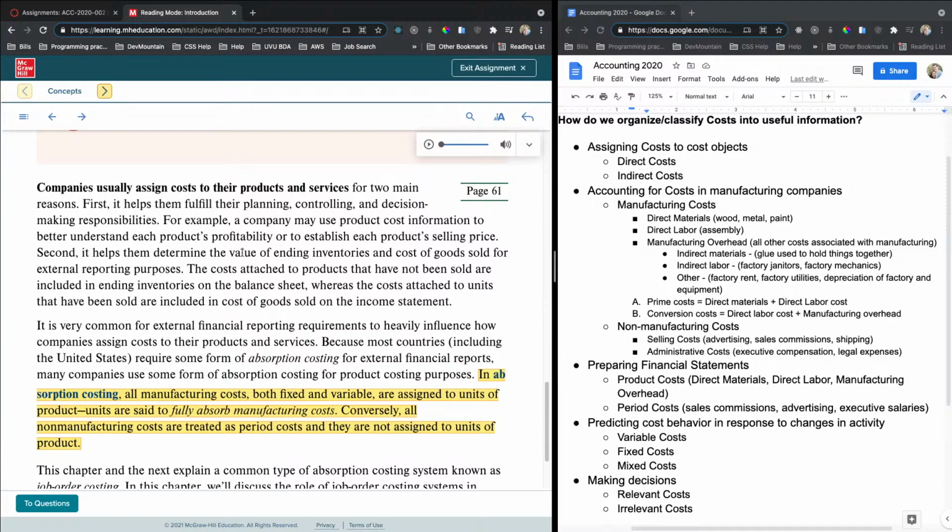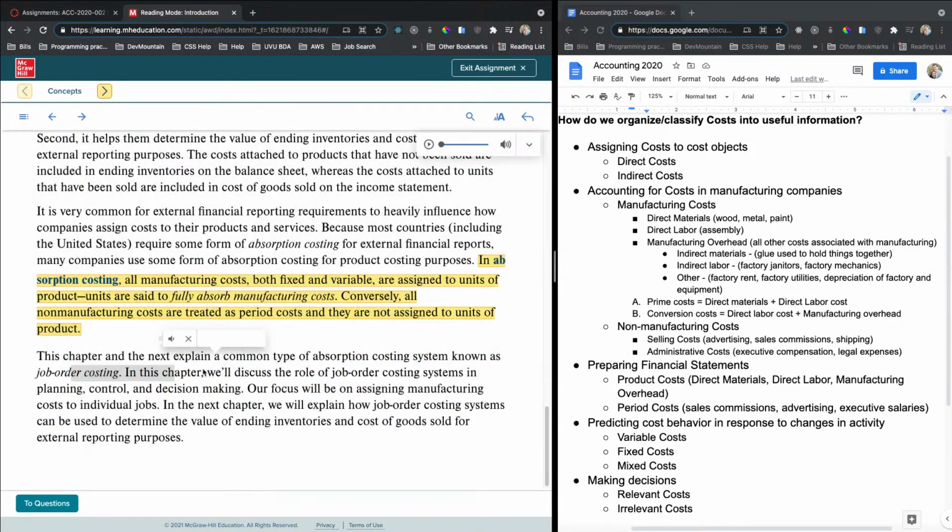In absorption costing, all manufacturing costs, both fixed and variable, are assigned to units of product. Units are said to fully absorb manufacturing costs. Conversely, all non-manufacturing costs are treated as period costs and are not assigned to units of product.